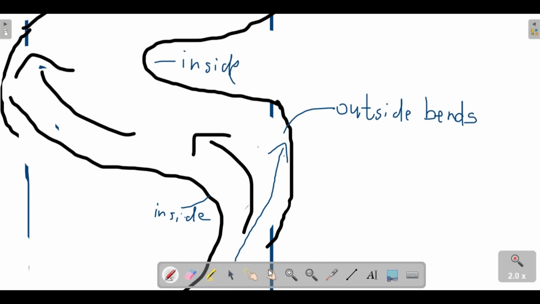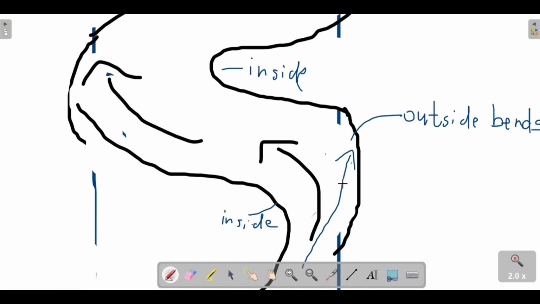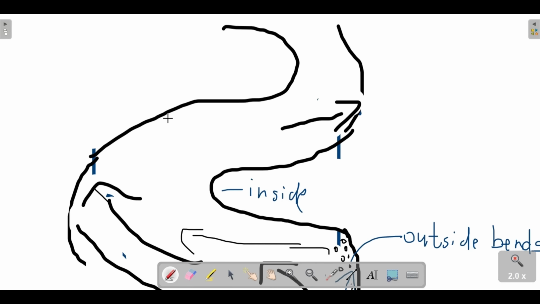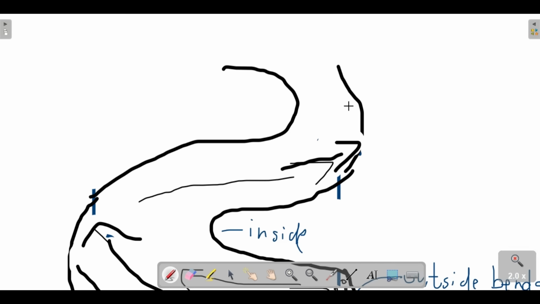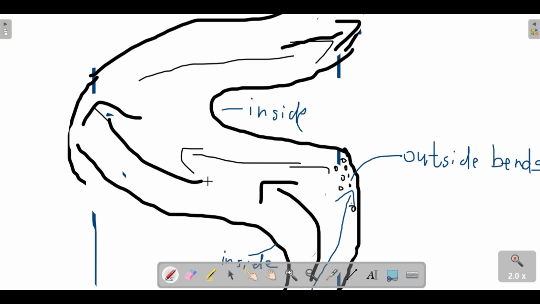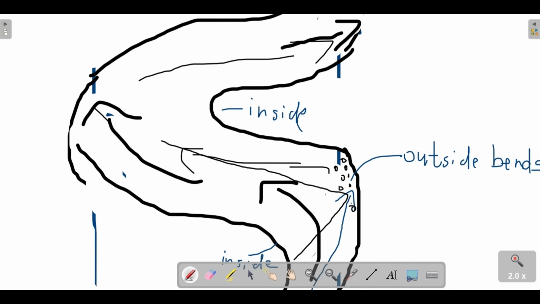So when water is flowing, it will collide with these outside bends, continuously removing material off these sides. Remove the material there and move on to remove the material there, and so on and so on. So it basically moves in a zigzag kind of movement like that. I hope you can get that.